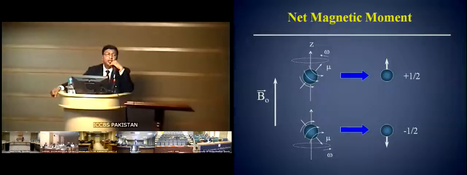placed under the influence of a magnetic field B naught, or more precisely called magnetic flux density, two things actually happen. One is that they orient themselves in allowed spin states.